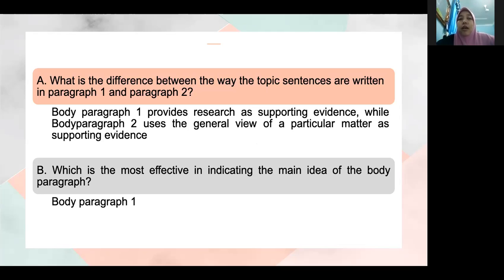So I think body paragraph 1 is more effective because the research that has been done before can support the evidence. Next slide, Huda.